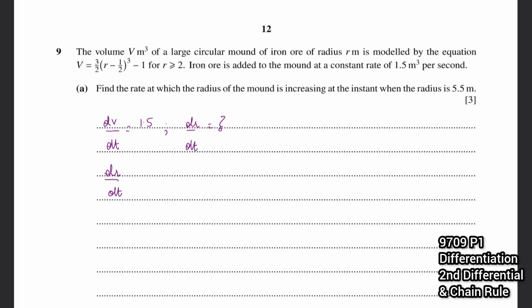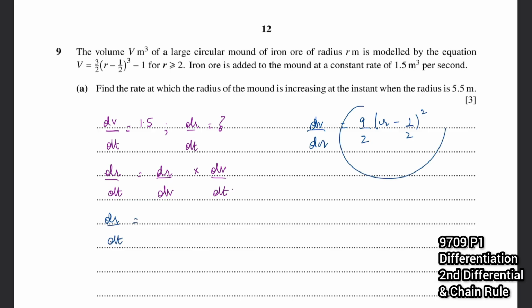dr by dt is equal to dr by dv into dv by dt. First we find out dv by dr from here. So this is 9 upon 2 into r minus half square. dr by dt is equal to dr by dv, this is dv by dr, so we reciprocate it.